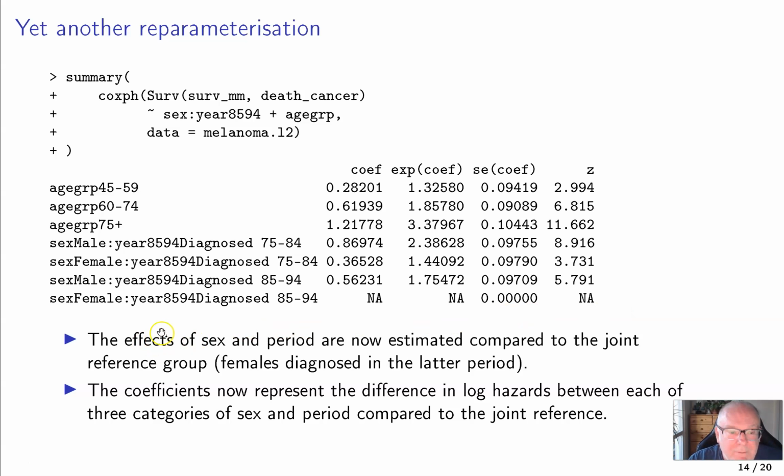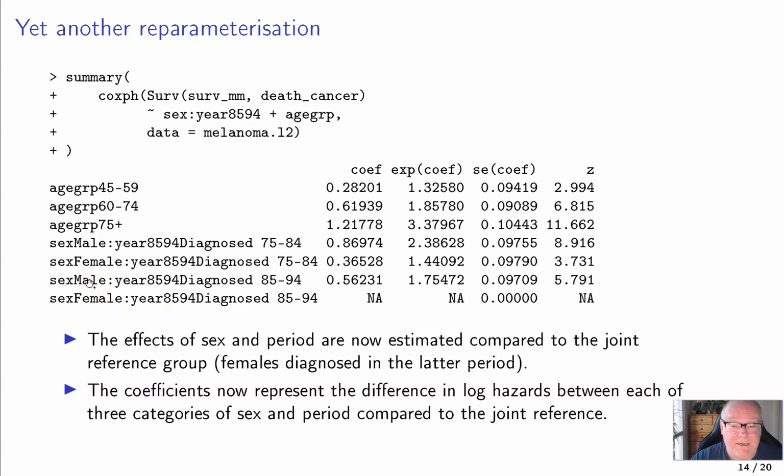So compared to females diagnosed in the later period, females diagnosed in the earlier period have a 44% higher mortality compared to females diagnosed in the late period.